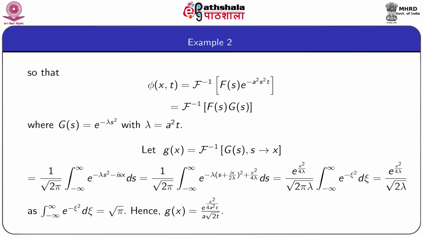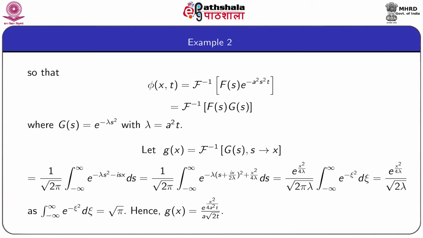Hence, g(x) can be written as e^(x²/4λ) divided by root over 2λ. Now, substituting the value of λ, we obtain small g(x) equal to e^(x²/4a²t) divided by a into root over 2t.